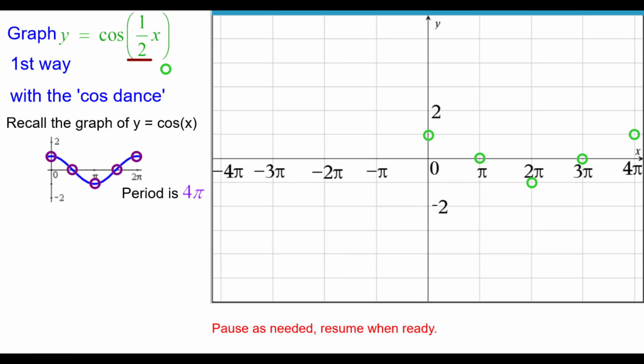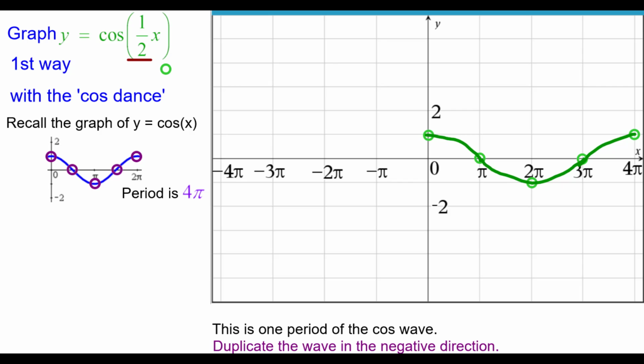Pause as needed. Connect the points as a cosine wave: concave down, concave up, concave down. And this is one period of the cosine wave, and we'd like to duplicate that in the negative direction. So we're going to start with this maximum point and go back a period, which is 4 pi.